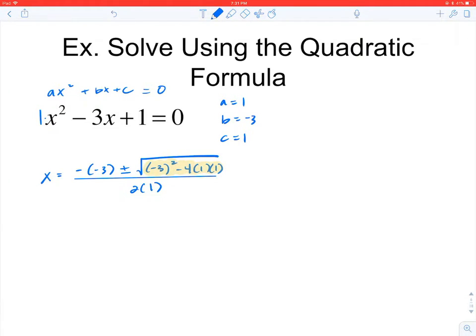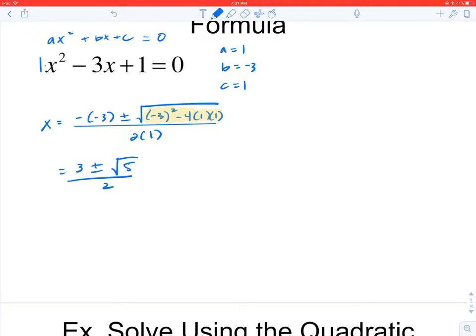Okay, so now I'm going to simplify what's under the radical. The opposite of negative 3 is positive 3, plus or minus the square root of positive 5 over 2.